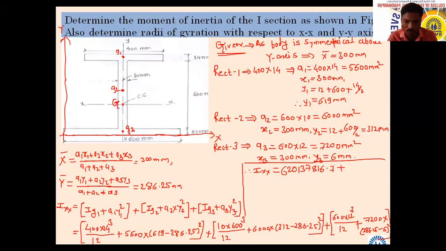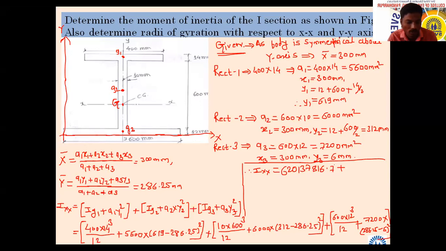Not 6,000. 10 into 6 cube divided by 12 plus 312 minus 286.25 square.